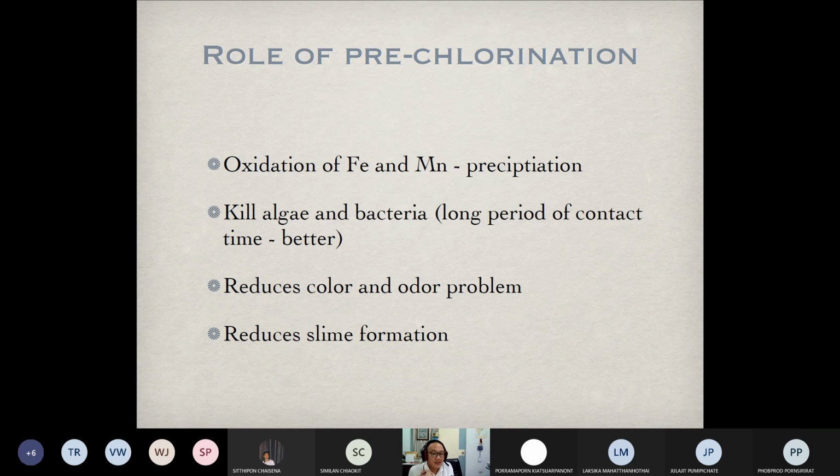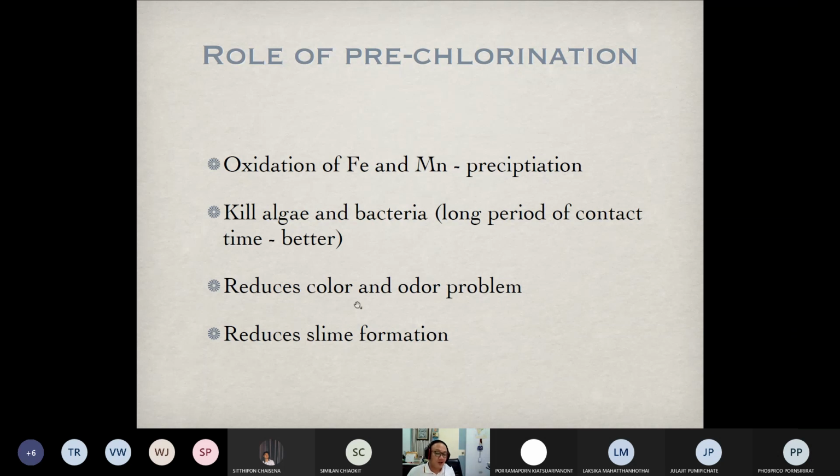Addition of chlorine probably kills some algae. It can actually prevent the growth of algae in several unit operations and unit processes, especially on the walls of the sedimentation tank.